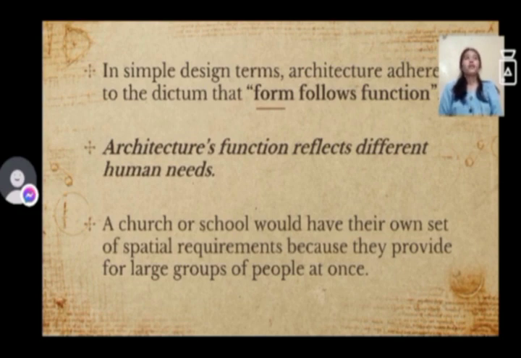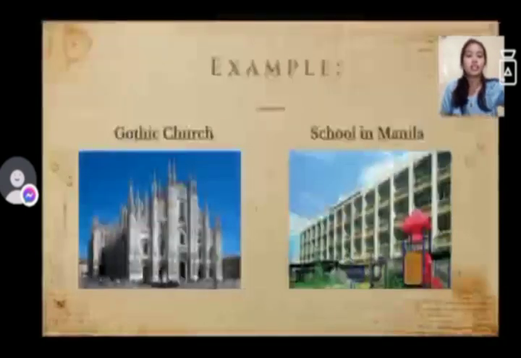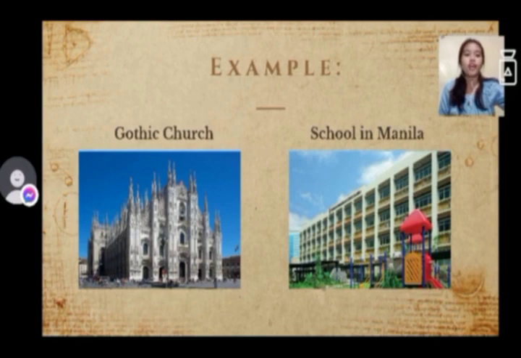So architecture is based on the needs of people. The school, church, warehouses, houses, and plazas have different spatial requirements. So it depends on the number of people to be provided for. Next, an example of it is the Gothic church.